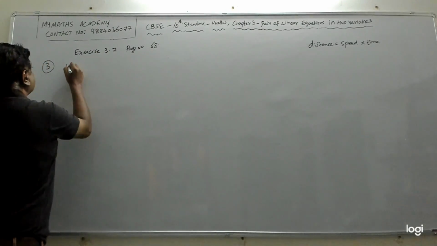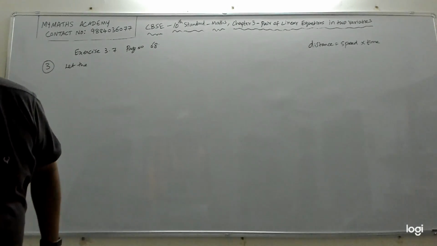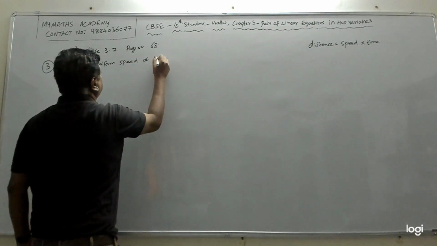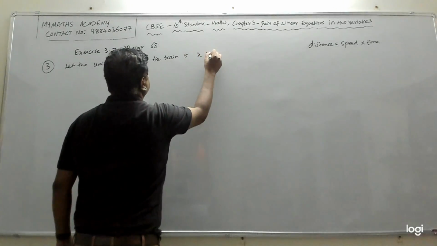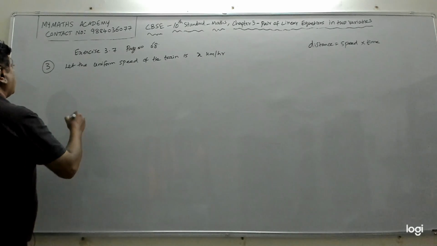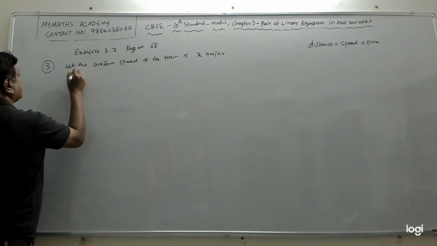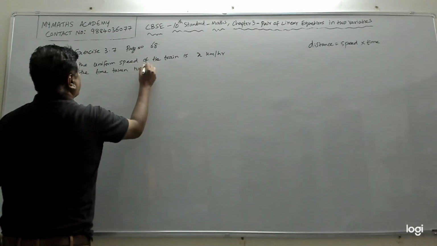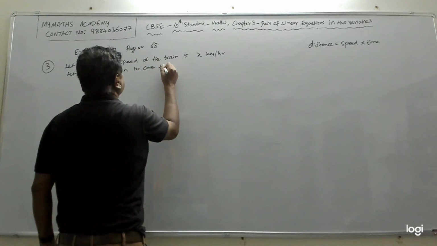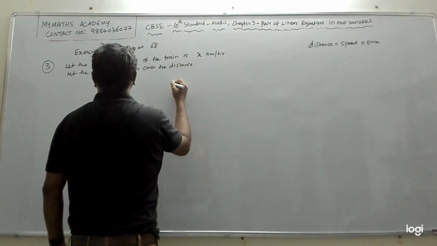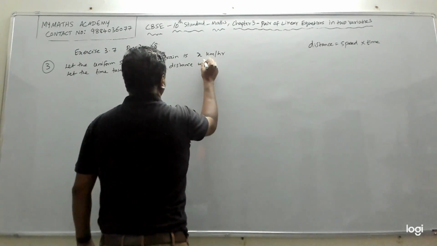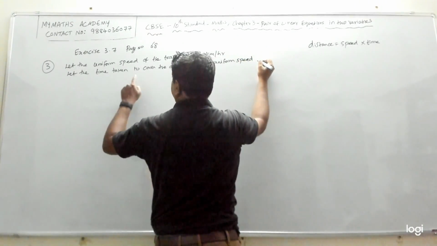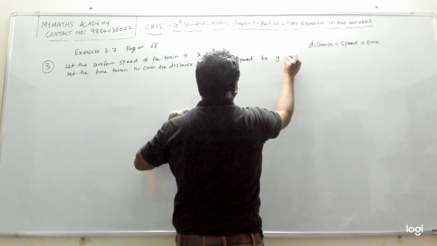So we'll assume, let the uniform speed of the train be x km per hour, and let the time taken to cover the distance with the uniform speed be y hours.